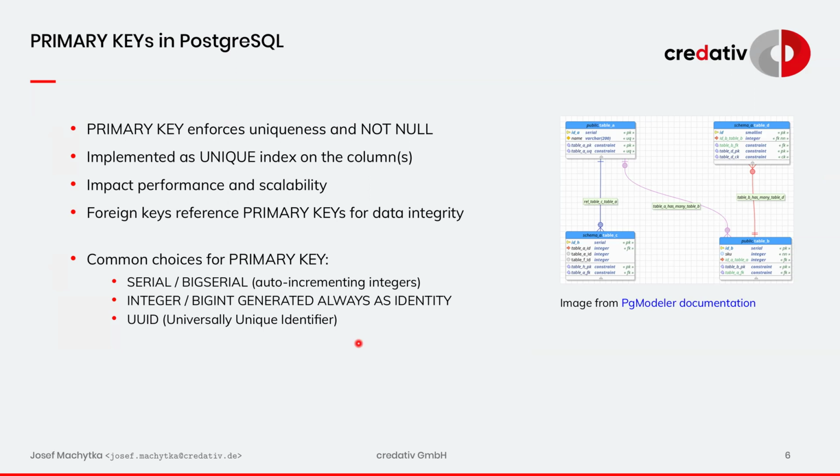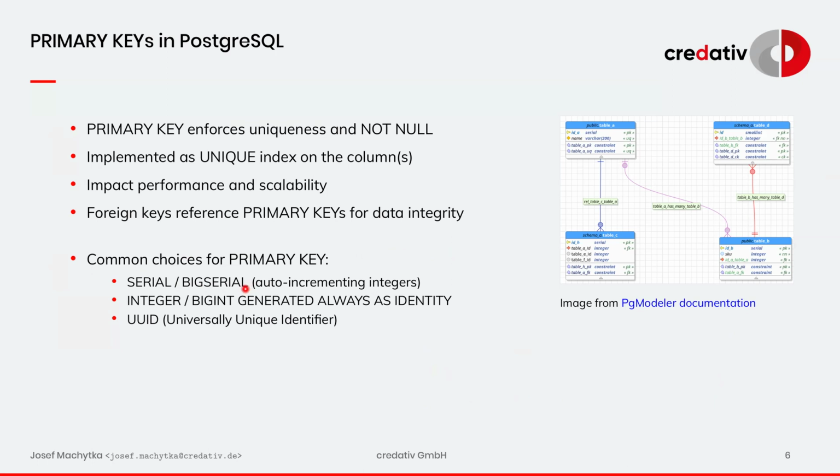Also, primary keys are used as reference keys for foreign keys for data integrity. So it is necessary to have values which do not hurt joins or searches and so on.